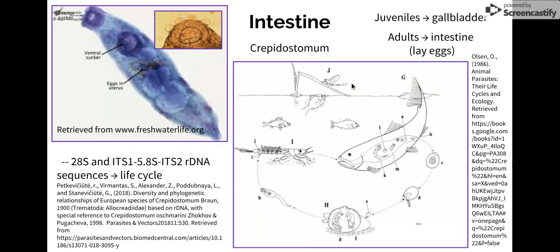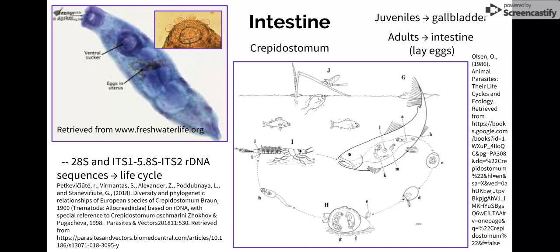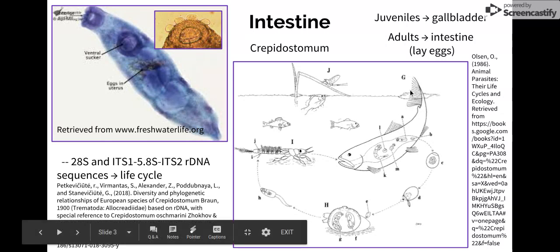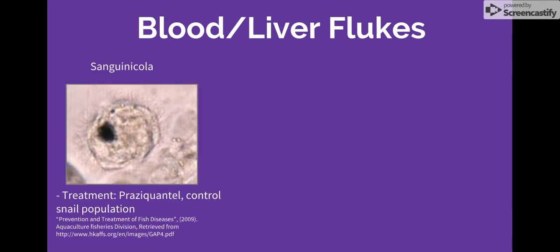That is very interesting because usually it's just some sort of water copepod or crustacean or a snail or something like that. And you can see that this is a salmonid species, so it could be a salmon or a trout, probably a trout. So that was that.